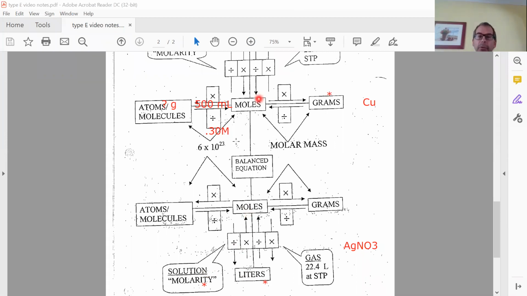Then I'm going to have to go through my balanced equation ratio, which I don't know, is it 2/1 or 1/2? I don't remember, but we'll get there. And then I'm going to have to multiply it by the molar mass of Cu. So that's my strategy here. Liters times molarity to get to moles, go through my mole ratio, and then multiply by the molar mass of Cu to get to grams. So that's my roadmap for following this problem, here to here to here.